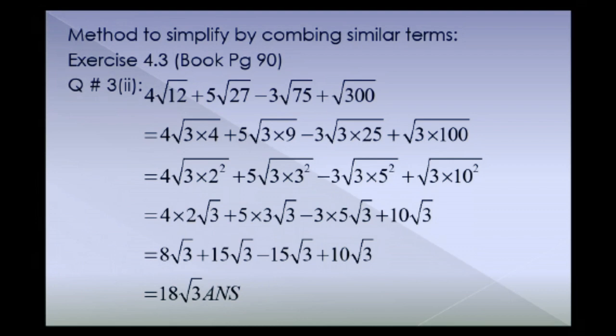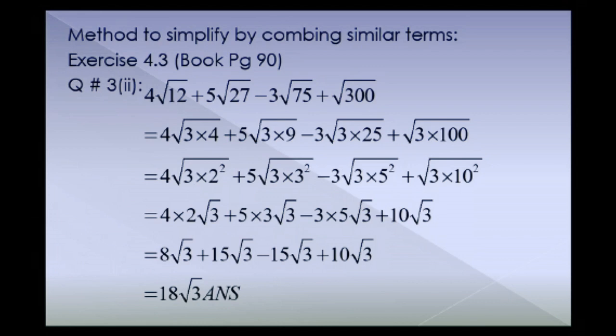Now you can see 4 multiplied by 2, you will simplify by multiplying them. 4 twos are 8 under root 3, plus 15 under root 3, minus 15 under root 3, plus 10 under root 3. All the surds have the same irrational factors, so these are similar terms, similar surds. So we can add and subtract them easily.